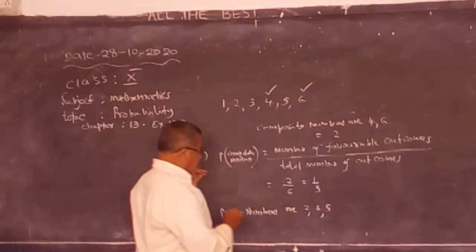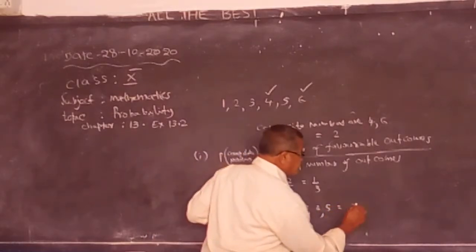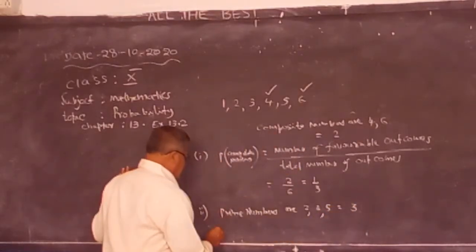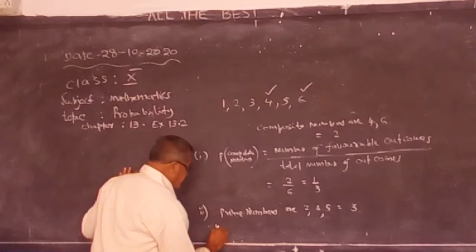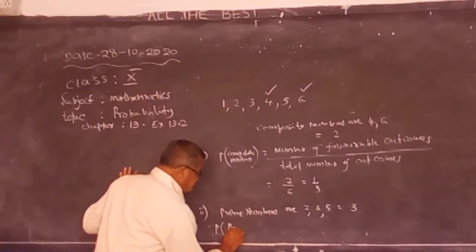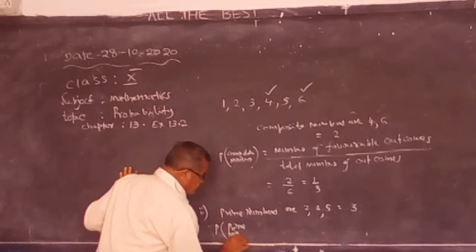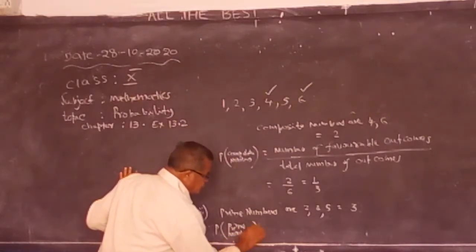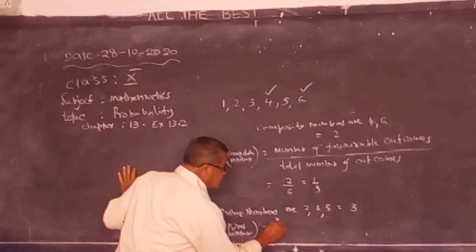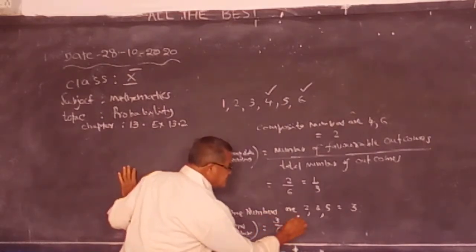So the number of prime numbers is 3. Probability of prime numbers is equal to 3 by 6, that is 1 by 2.